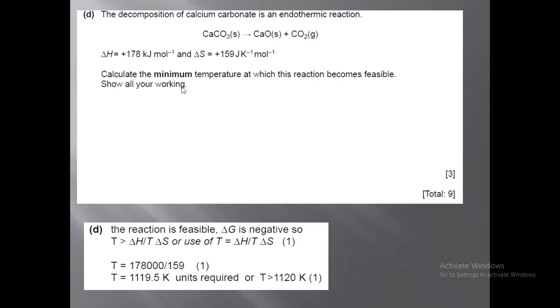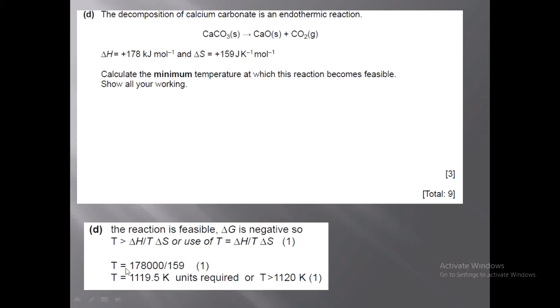So our equation becomes T delta S is equal to delta H, and T can be found by dividing delta H by delta S. Be careful while calculating: delta S is first to be converted into kilojoules per mole Kelvin. So we have to divide the delta S value, that is 159, by 1000.